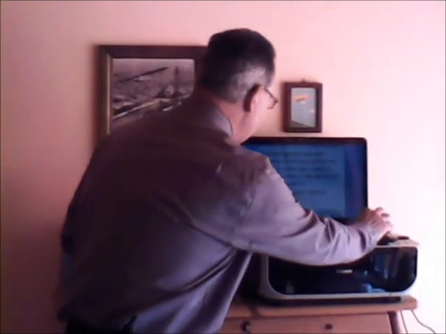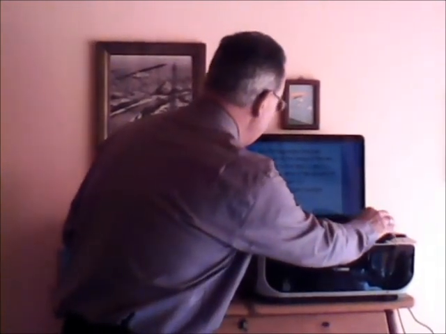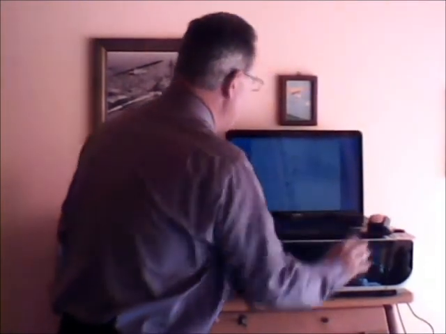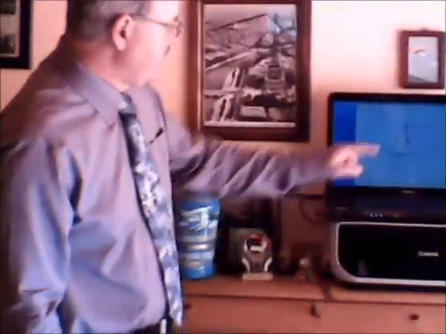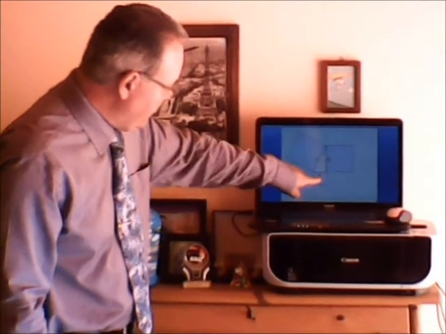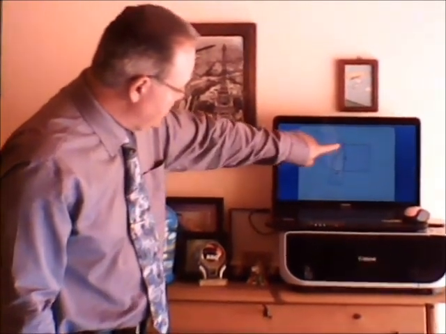There's also a form that is more clear, the geometrical form, and Pythagoras was the first one who proved that theorem. This theorem has been known for about 4,000 years or longer, and it talks about the area here and the area here. The sum of that equals the area here.